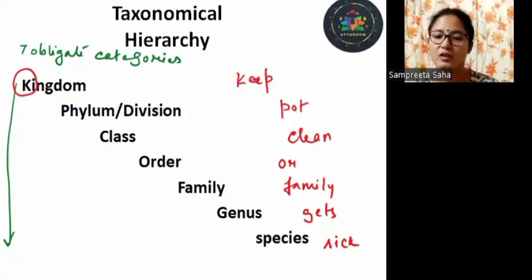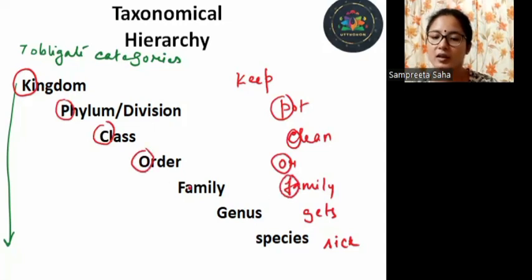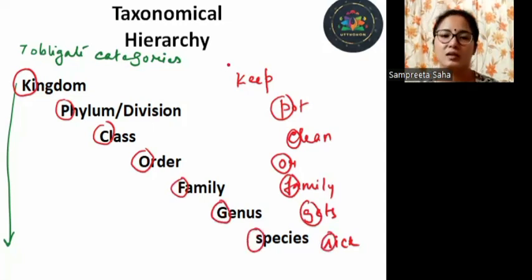So K for keep will remind you of kingdom. Similarly, P for phylum, C of clean is similar to class. O of odd will remind you of order. F for family, G for genus, and S for species. So keep pot clean or family gets sick. With this one-liner, you'll be able to remember all the 7 obligate categories of taxonomic hierarchy.